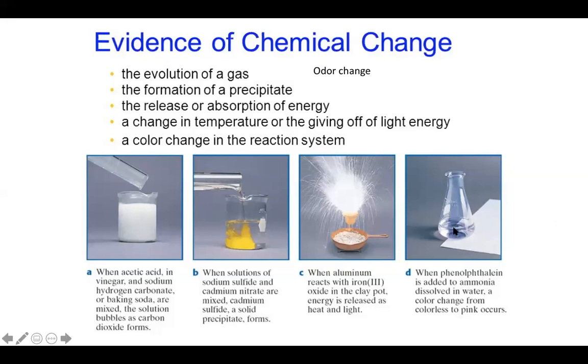So you can see here, phenolphthalein added to the ammonia dissolving in water changed color from colorless to a pinkish color. Color change is mostly used in titrations and is part of the acid-base chapter. Again, in second semester, we'll revisit some of these ideas. So it's a good idea that you know the evidence of chemical change.